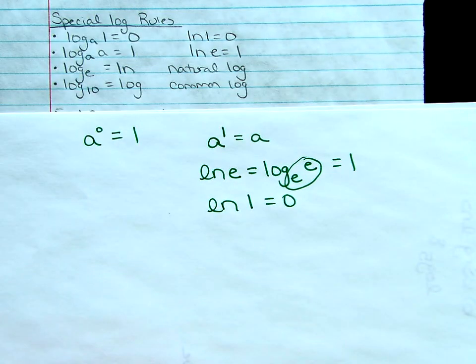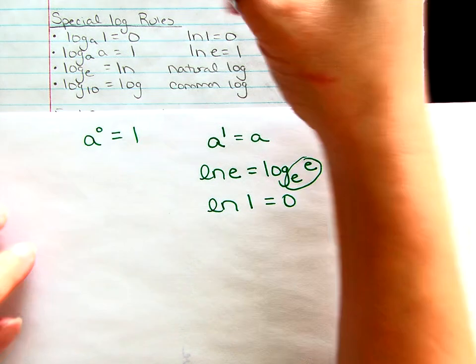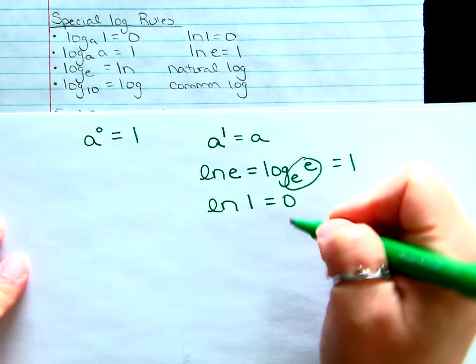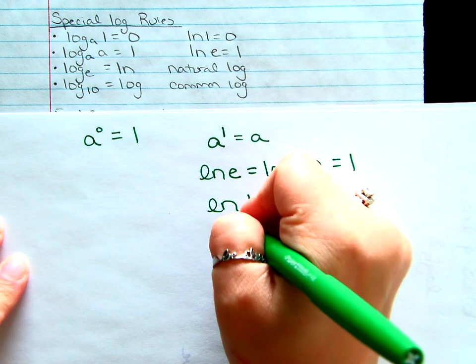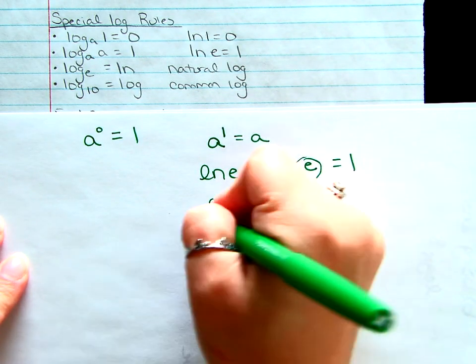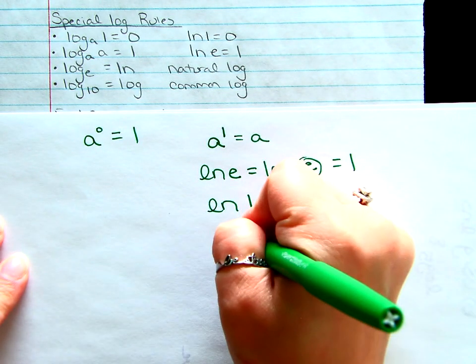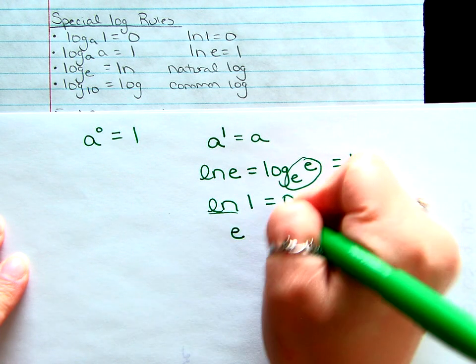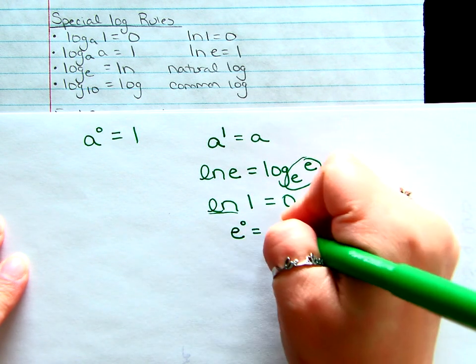It's natural log. This looks like the absolute value of n, but it means ln of 1. Which again, if I switch this from logs over into exponentials, my base is e for a natural log. So base becomes the base, my answer becomes the exponent. E to the 0th power is 1.